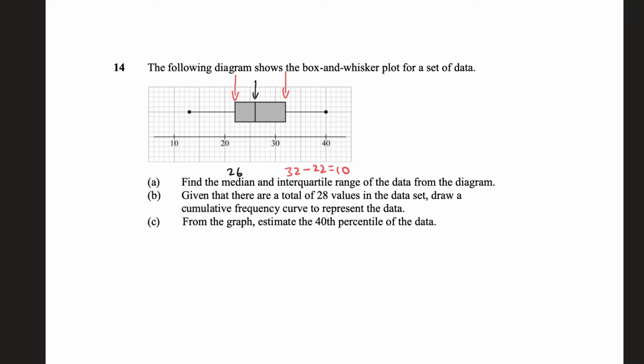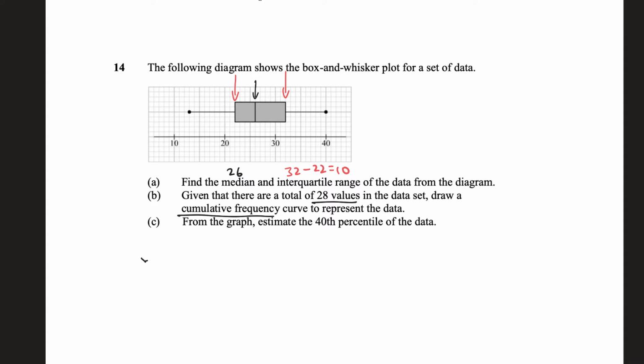And then now they say, given that there are a total of 28 values in the data set, can you draw the cumulative frequency? The first thing to note is that because we're drawing a cumulative frequency curve, all we have to do is find where we can find the median and the interquartile range.